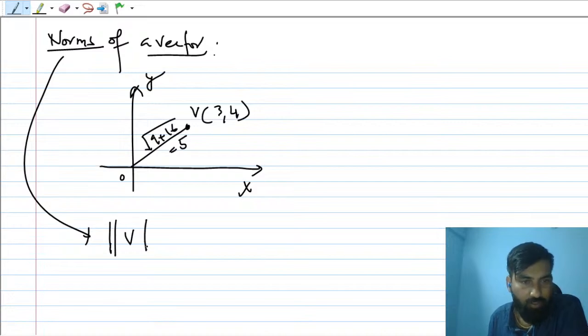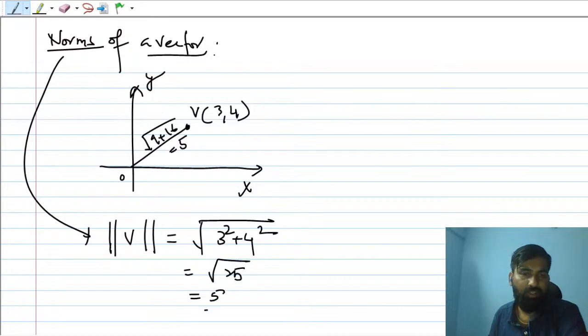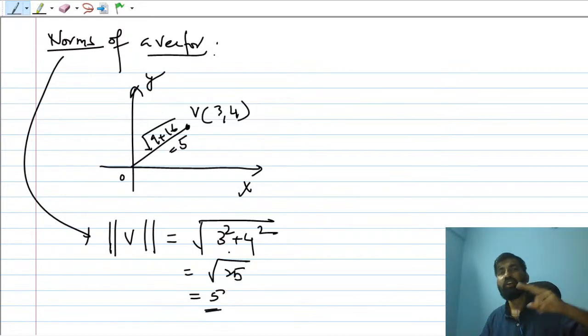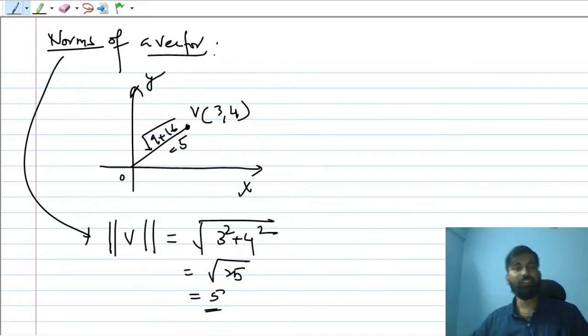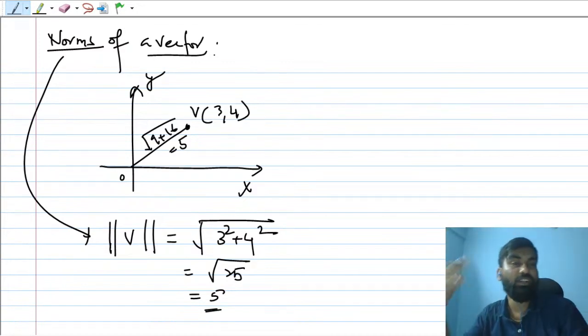So this is how we represent the norm of a vector with this kind of notation, which is equal to under root 3 square plus 4 square, which is under root 25, and this is 5. The norm of a vector is nothing but, up to 2D we call it the length of a vector, but after 2D, like 3D, 4D, 5D, an n-dimensional vector, we start calling it the norm of a vector.